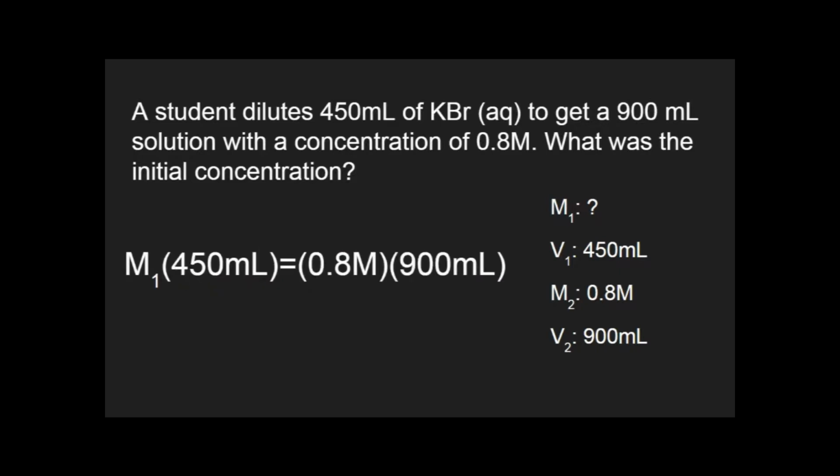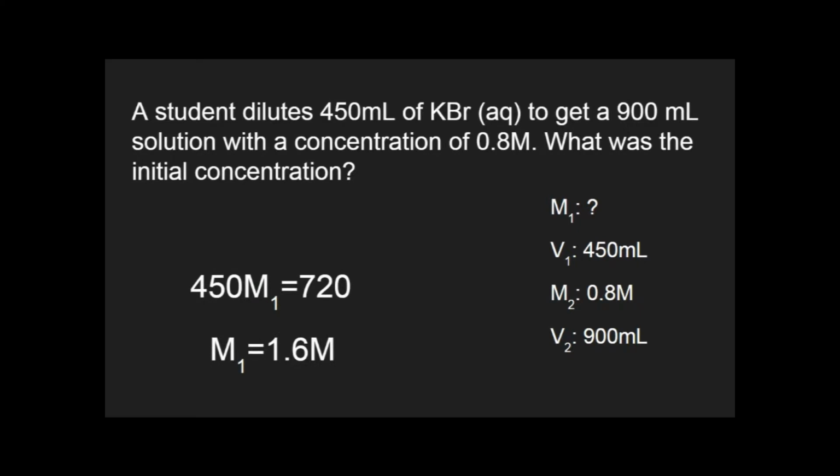Plugging into our equation, the initial concentration multiplied by 450 milliliters equals 0.8 molar multiplied by 900 milliliters. So we have 450 times the initial concentration on the left side, and that equals 720. Next, we divide by 450 to get the initial concentration alone, and we get that the initial concentration of KBr is equal to 1.6 molar.